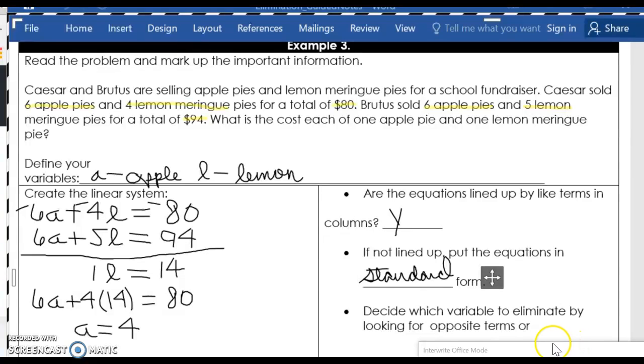So in the context of this problem, lemon pies cost $14 and apple pies cost $4. Now it's time for some whiteboard practice.